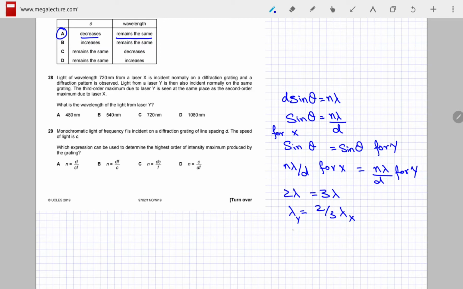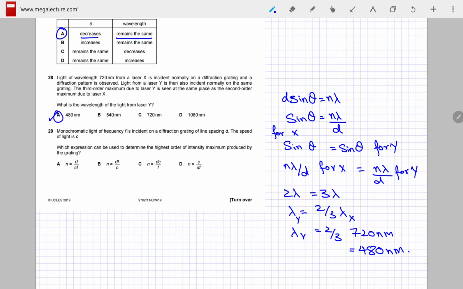And so we would have lambda Y is equal to 2 by 3 of lambda X, which is given as 720 nanometers. So compute this in your calculator and you would get 480 nanometers. So the correct option over here is option number A.